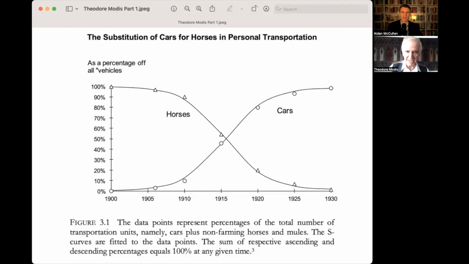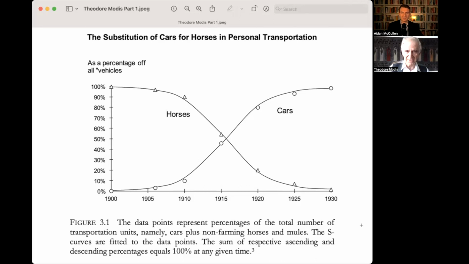The substitution is on the fractional level, not on the absolute numbers. Absolute numbers may fool you. In fact, the absolute numbers don't show at all this kind of clean-cut one-to-one substitution, because they're both growing. You have cars for horses. Yeah, cars for horses.